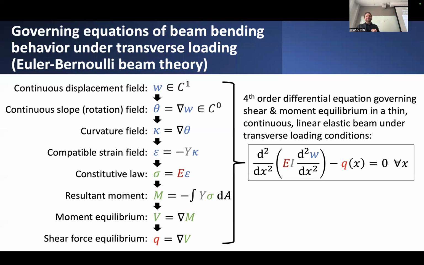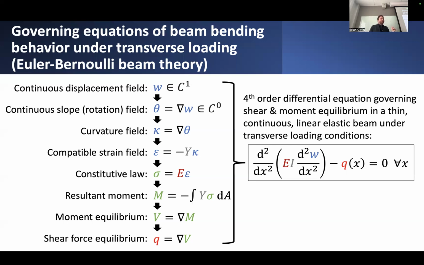And then we found a bunch of different relationships. We related this transverse deflection field through a differential relationship to the resulting rotation angle of a given cross-section, assuming relatively small shear deformations. And then we found a relationship between that transverse deflection field and the resulting curvature of a line segment that might undergo bending local to some region in the beam.